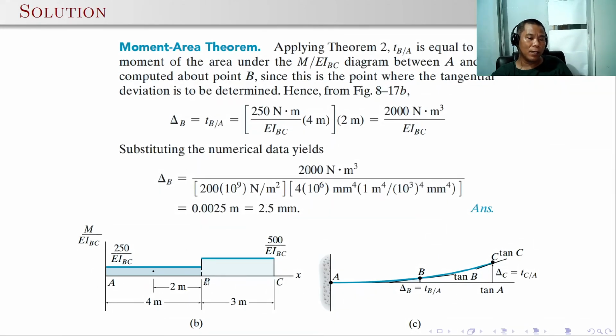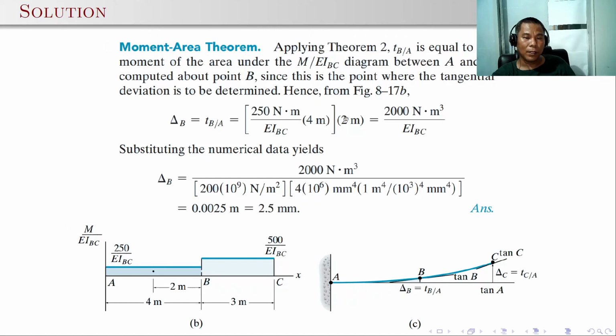So this is just A to B. So we have a rectangular M over EI diagram. That's 250 Newton meter, again the unit here is Newton meter divided by EI, times 4 meters, the length of the rectangle. So that is equal to 2000 Newton meter cubed per EI. And if you substitute the numerical data, it will yield 2.5 millimeter.